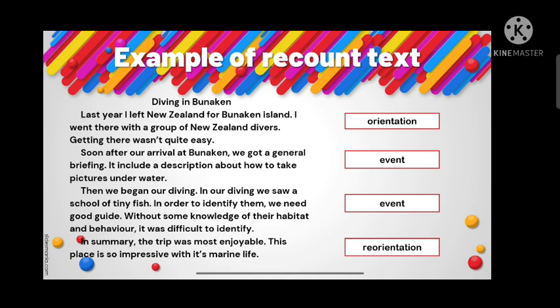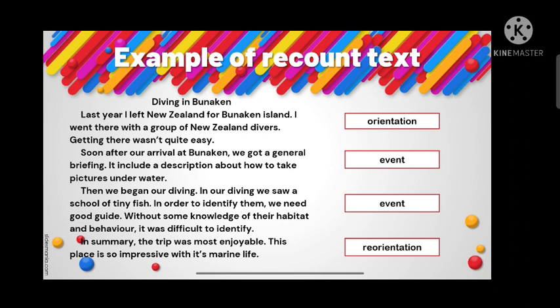The first paragraph is orientation because it includes the person who is involved. It says the main character and the group of New Zealand divers, and also includes the time, which is last year, and the place, of course, Bunaken.